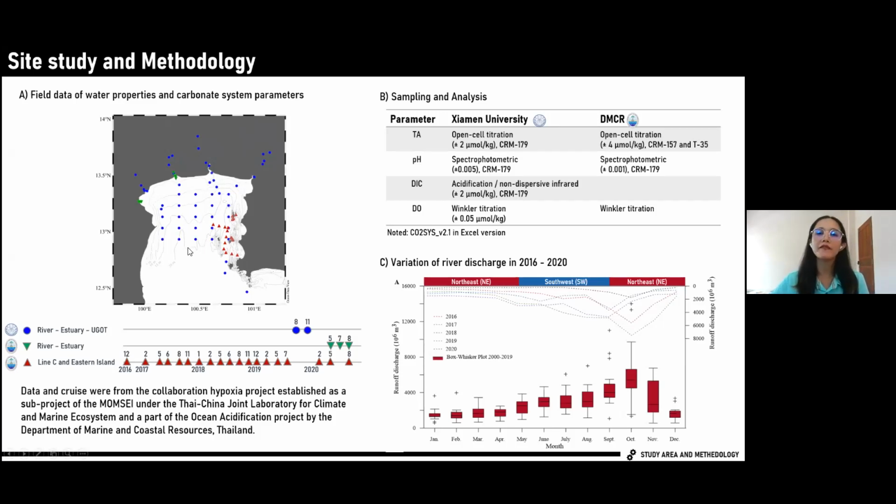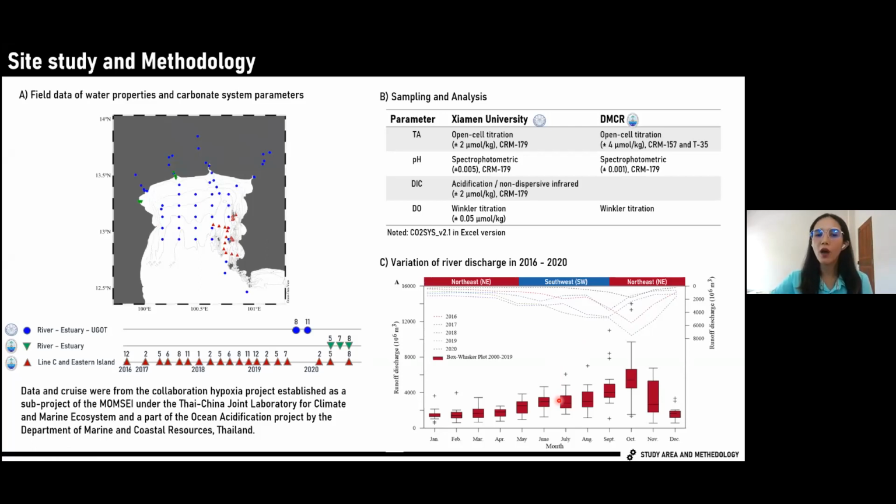And here we observe the carbonate species and also involved parameters such as the DO concentration, and the variation of the river discharge is also shown here, where Thailand has two seasonal monsoons.